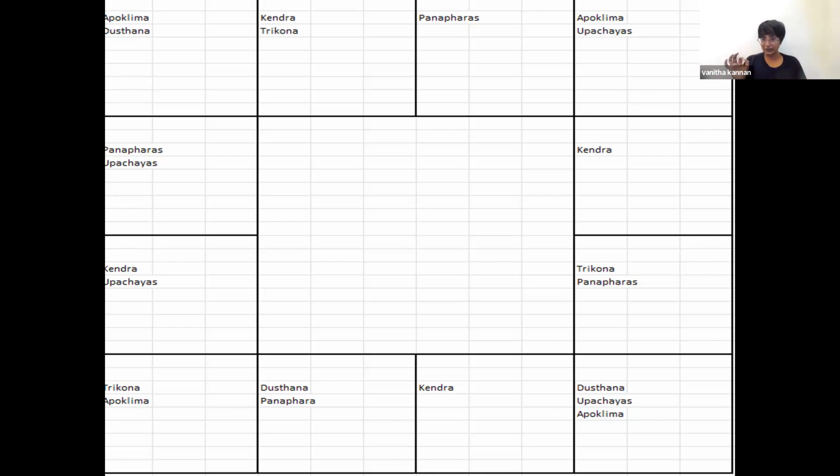Dusthana, so Phanapara is half or 3/4, in between the range. Apoklima means only 25% because the auspiciousness level will be highly reduced, but when it comes into Dusthana, completely reduced.